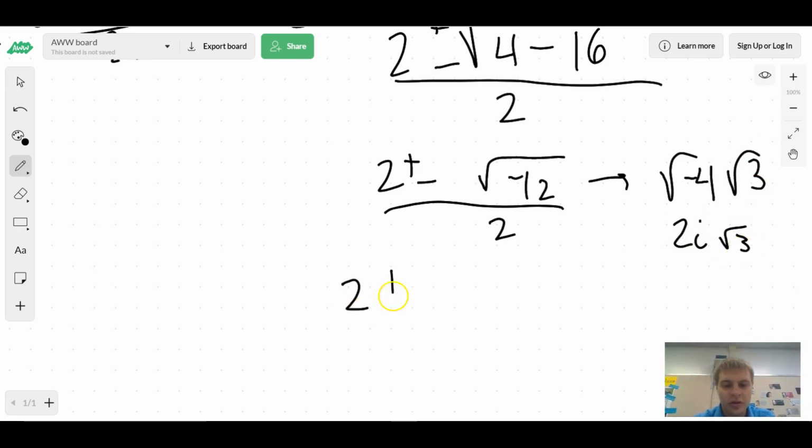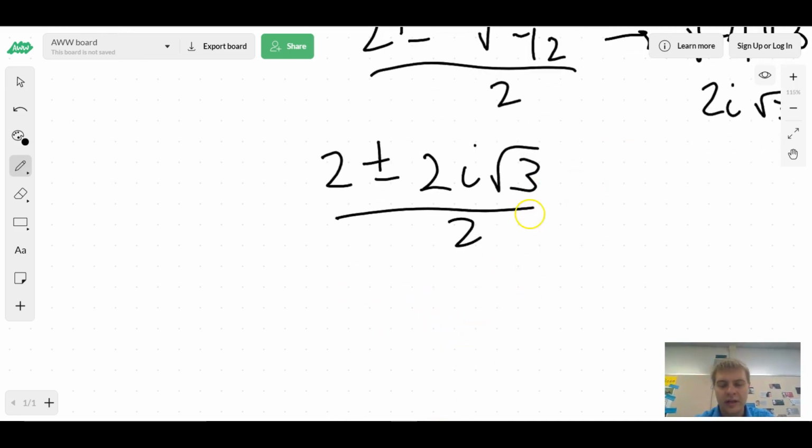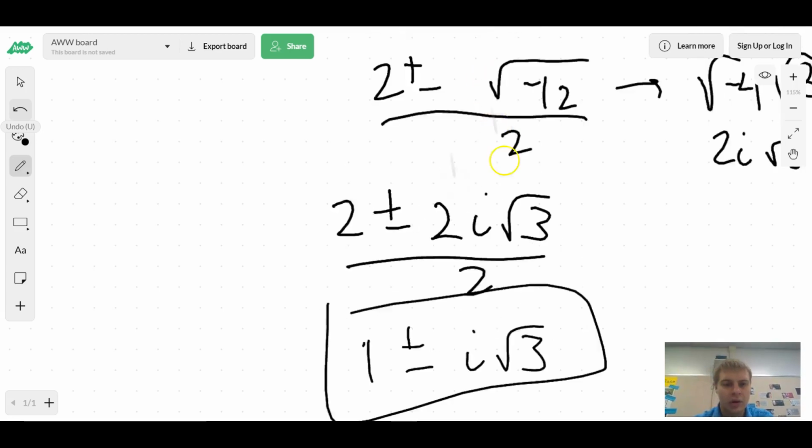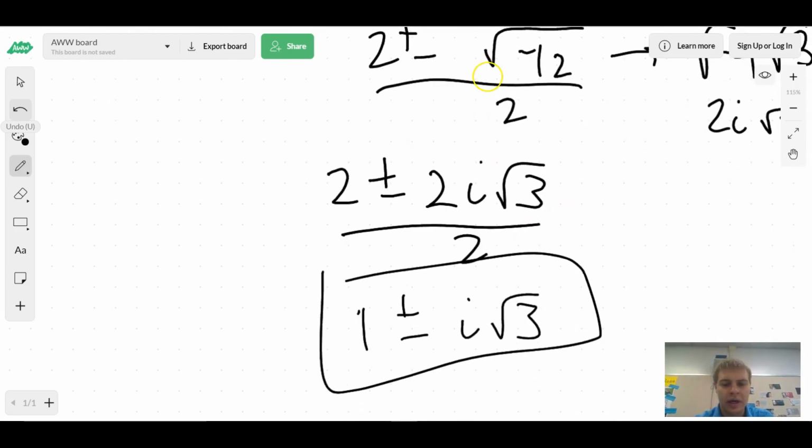So this would be 2 plus or minus 2i radical 3 all over 2. And now you can get 2 to divide both those things. So you're going to end up getting 1 plus or minus i radical 3. And that would be your final answer, along with your negative 2 that we had up there.